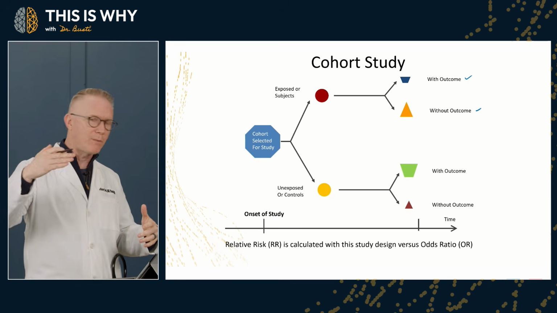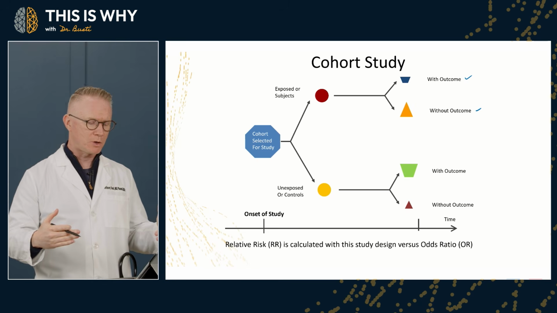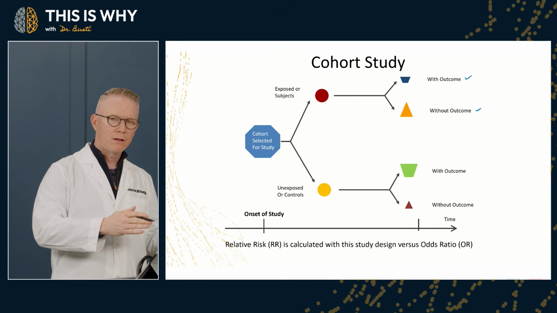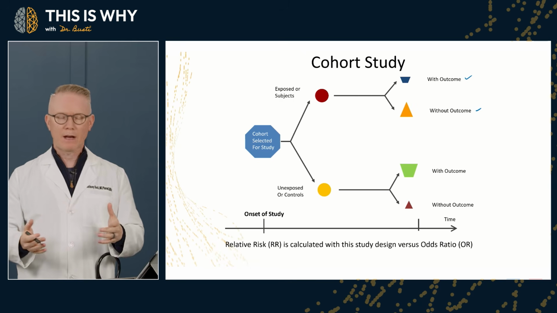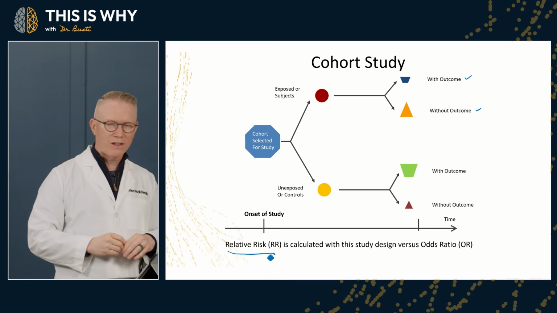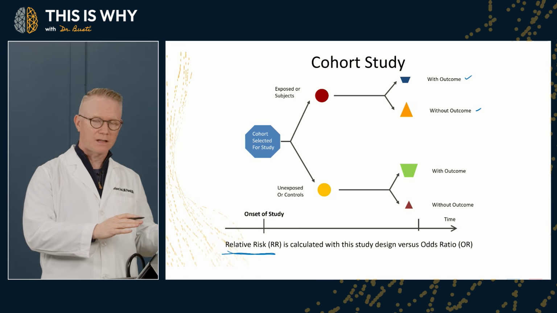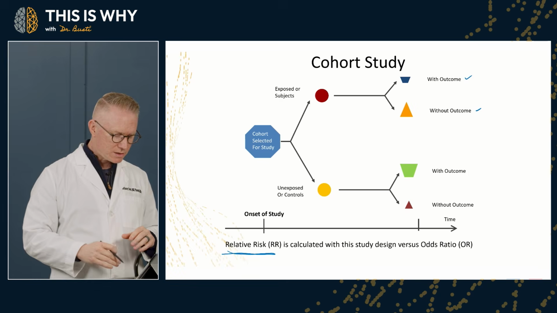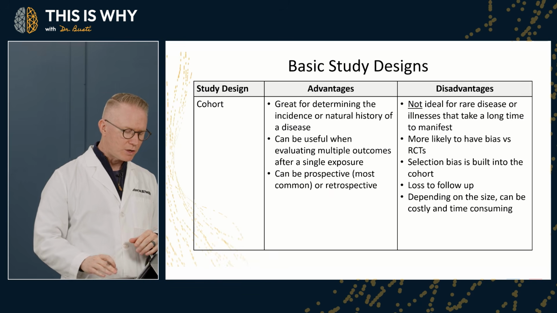Did they get that outcome or not from that exposure? So you can do a retrospective cohort study, but most commonly we think about them in a prospective format. And when we do the analysis, because remember this is part of the analytic group, we are generating relative risks, okay, versus an odds ratio.